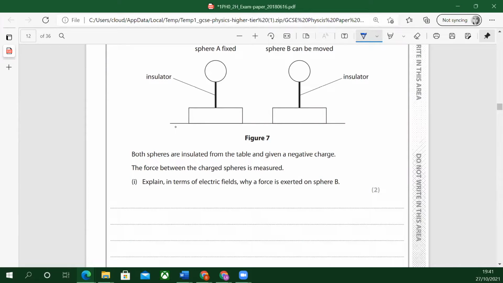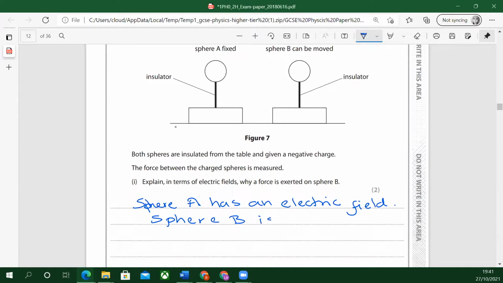So this again sounds harder than it actually is. So sphere A has an electric field. Sphere B is in the electric field of sphere A. It's near it.